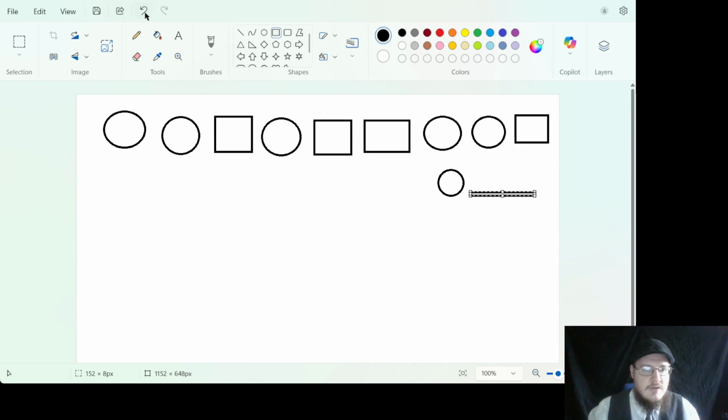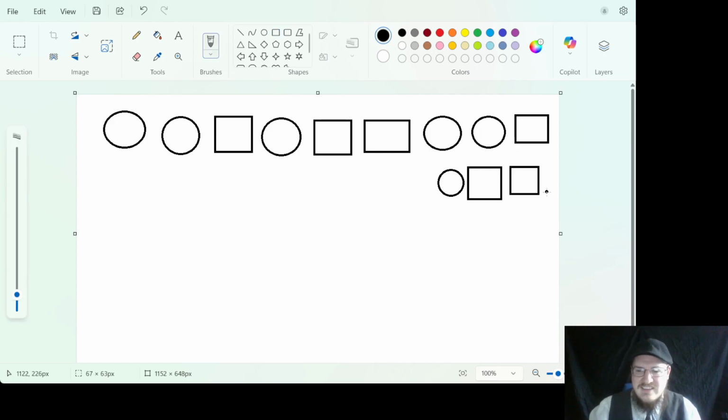Oh, geez. Square. No, stop doing that. Dot, dot, dot. Okay. So it's not just a few things there. It's this, but it is a circle and square. But now we've got changing numbers of how many it shows up.